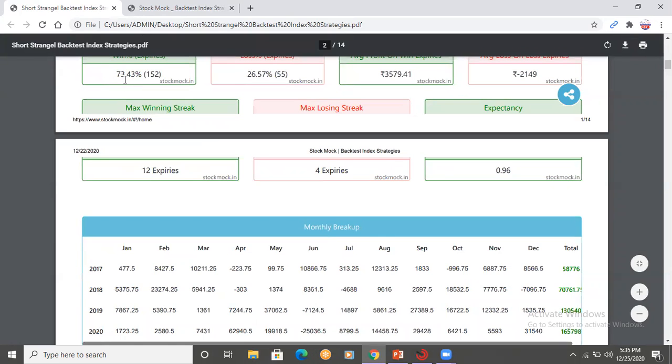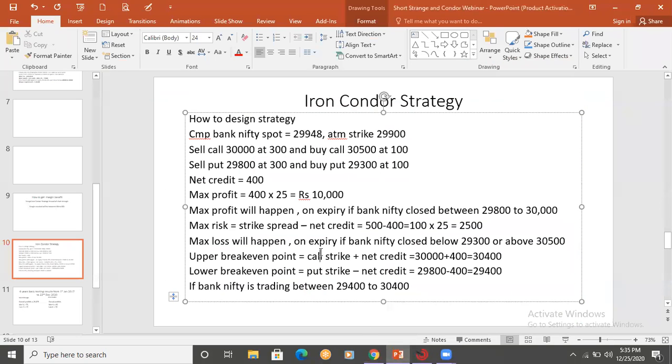And just look at the accuracy: 73% win percentage, and 26 to 27 percent is the loss percentage. So this was the basic theory part.